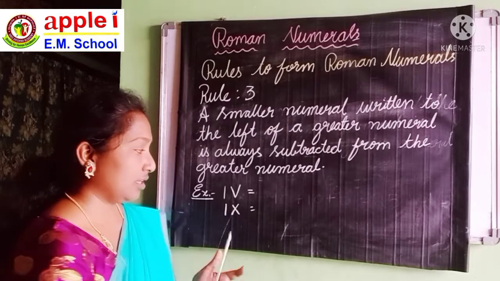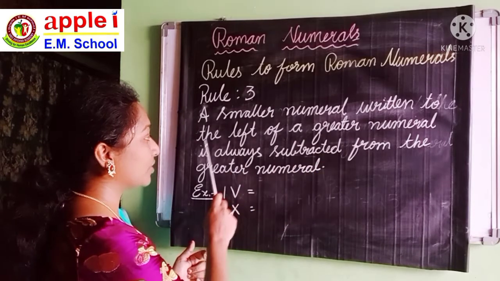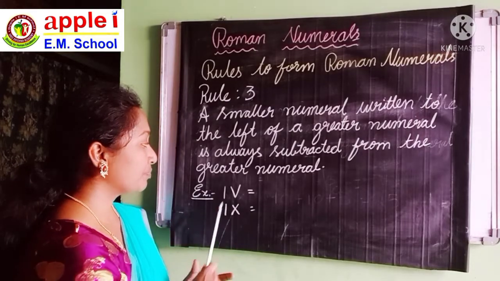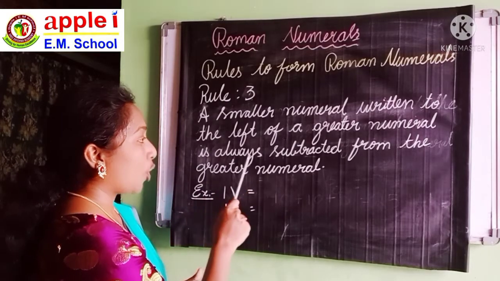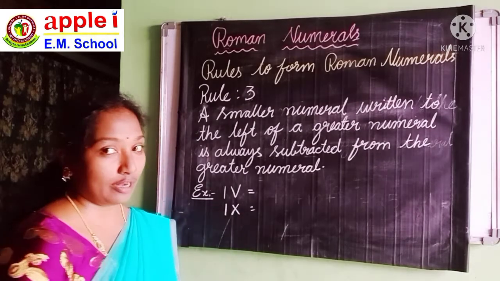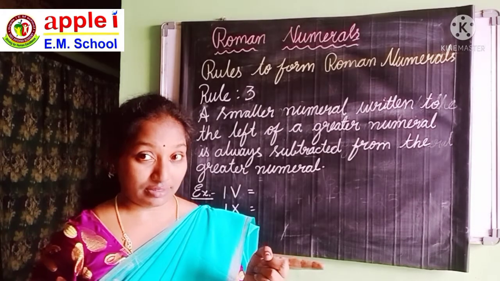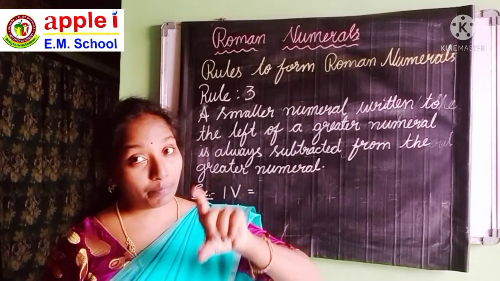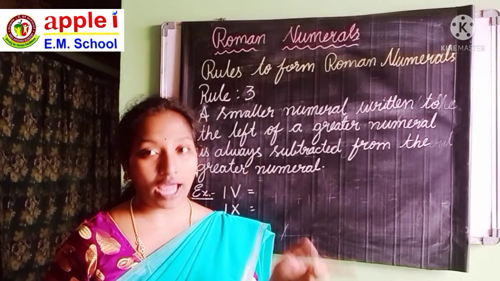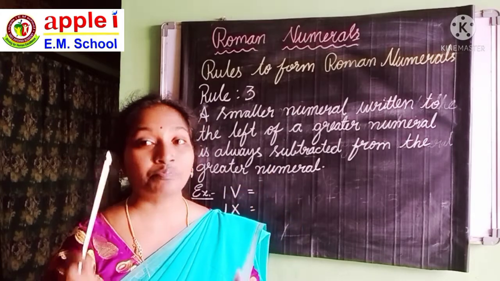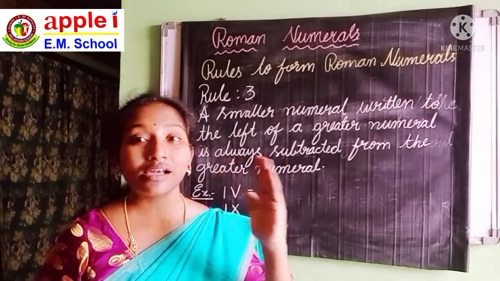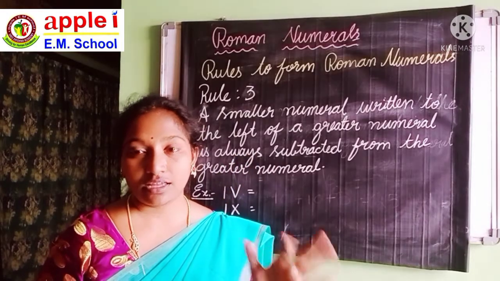If the smaller numeral is written to the left of the greater numeral, it is always subtracted from the greater numeral. Previous rule, if big and next small numeral, we have to add. Just remember like this. Big, small, add. Small, big, subtract.